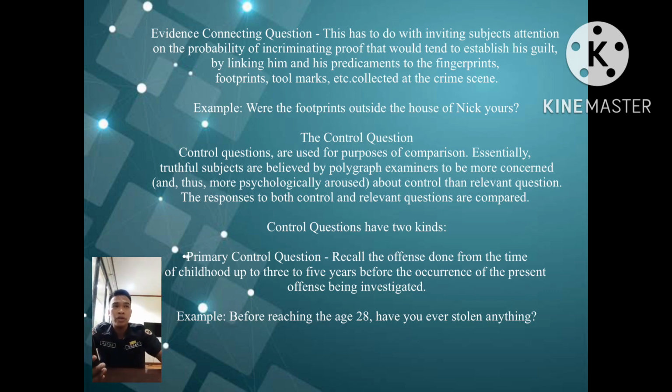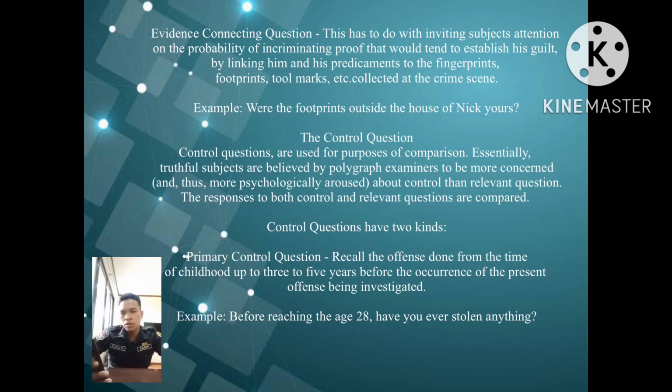So they are going to compare the documents and the evidence collected at the crime scene, and they're going to show some relevant questions also that are part of their investigation. Control questions have two kinds.